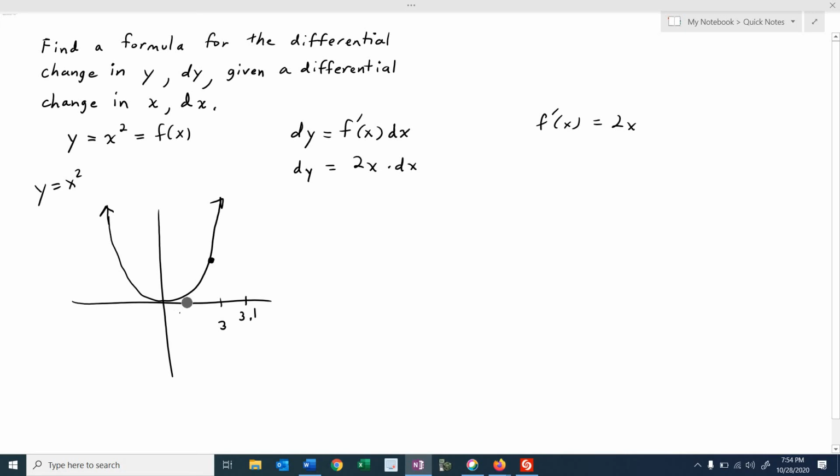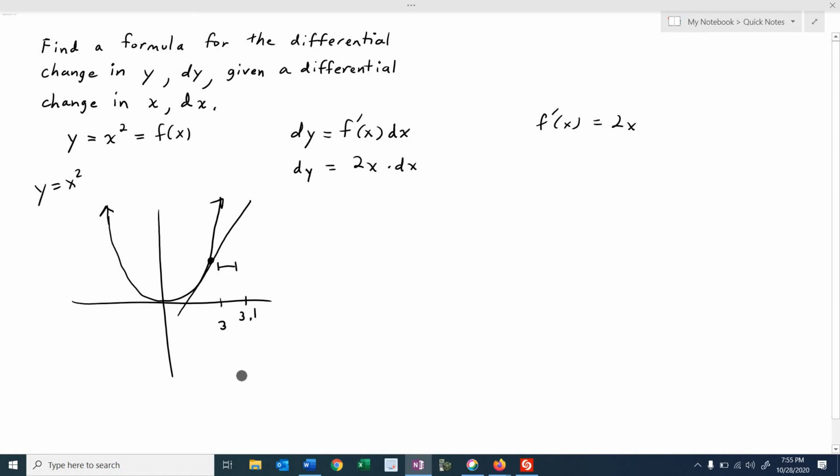Remember, the differential change in y is the change that occurs on the tangent line at this point. The change in the y value that occurs on this tangent line when you make this differential change in x down here. Okay, so let's find that.